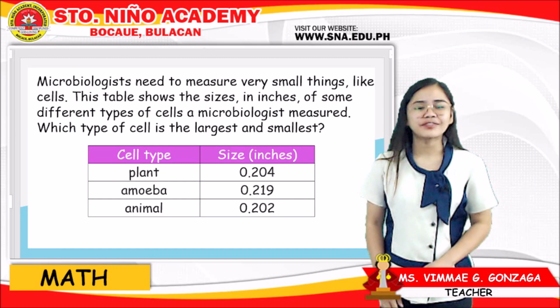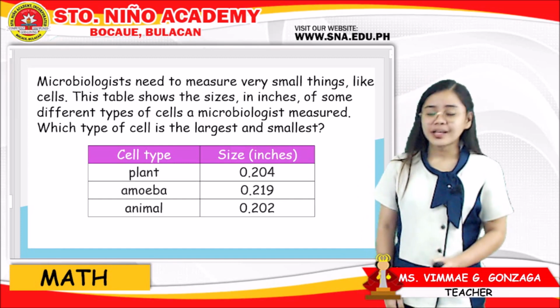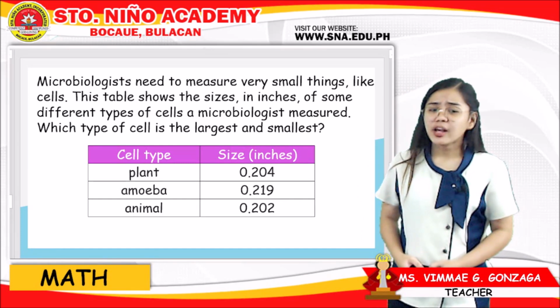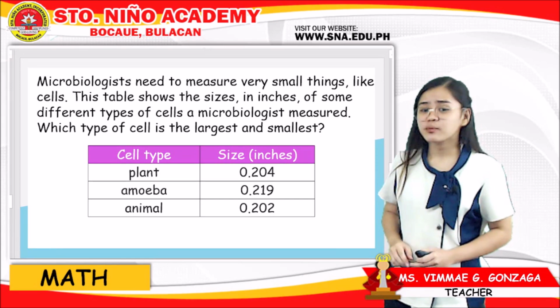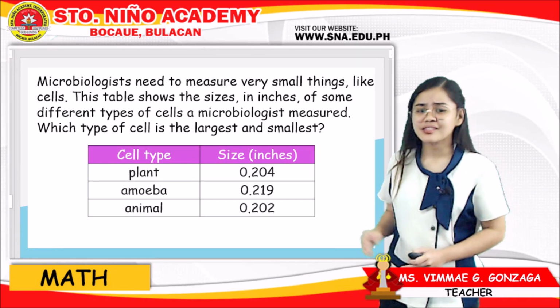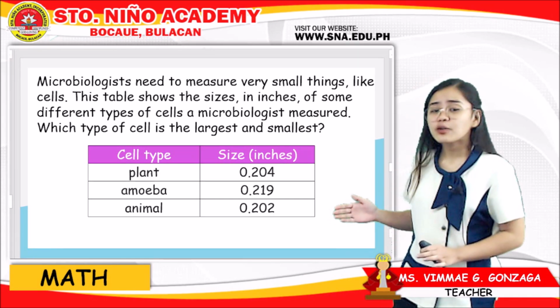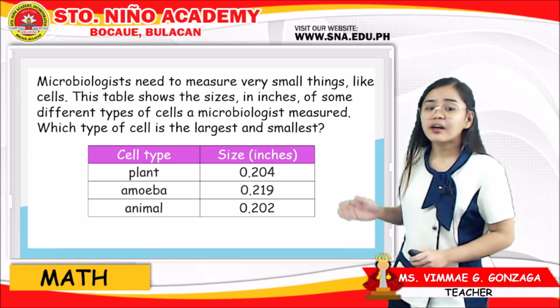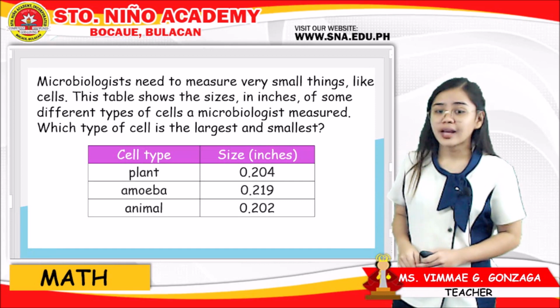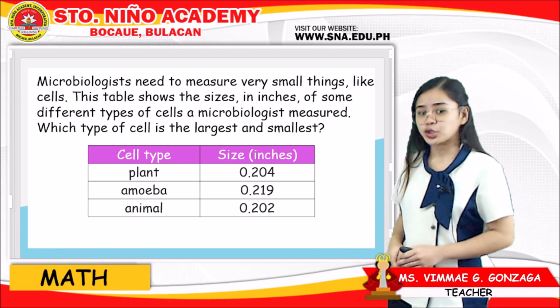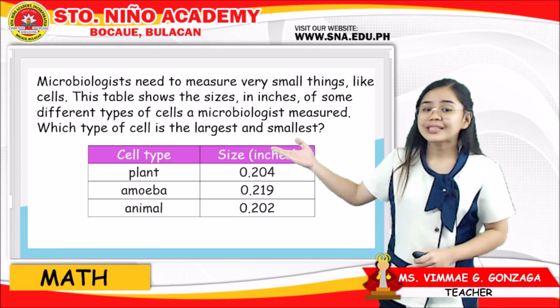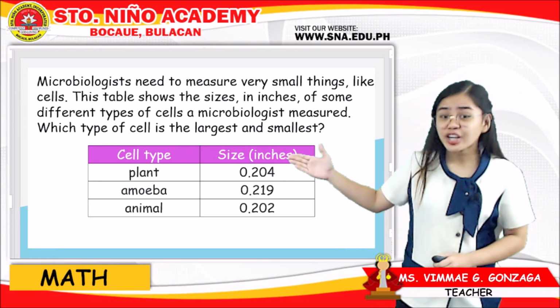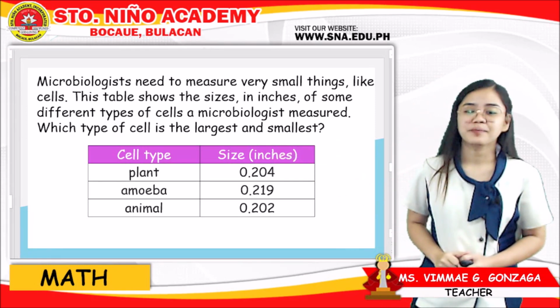Okay, so let's have another word problem. Let us read. Microbiologists need to measure very small things like cells. This table shows the sizes in inches and some different types of cells a microbiologist measures. Which type of cell is the largest and smallest?